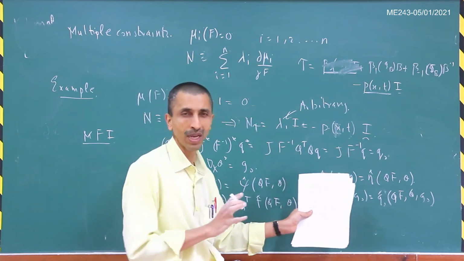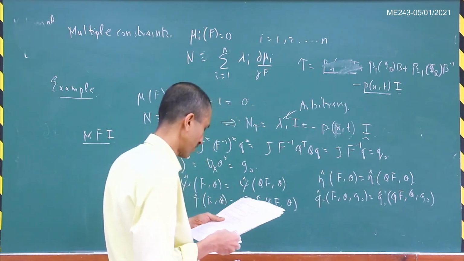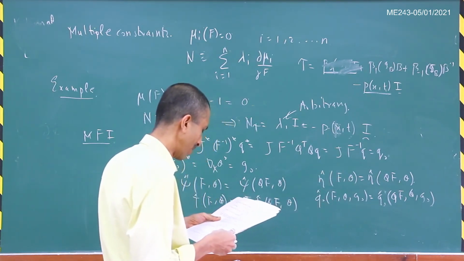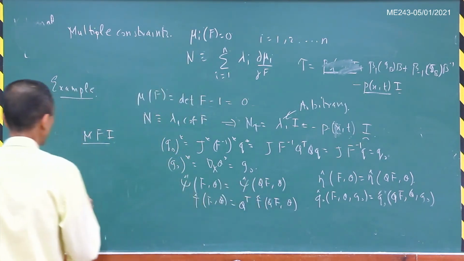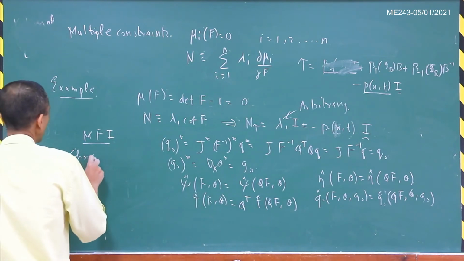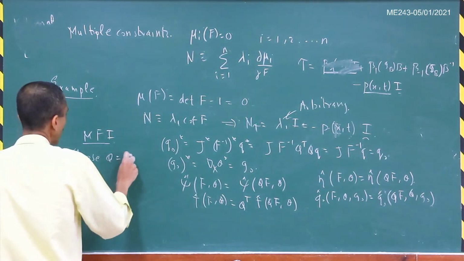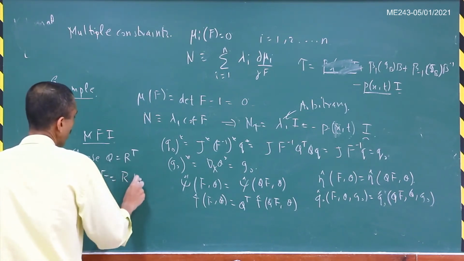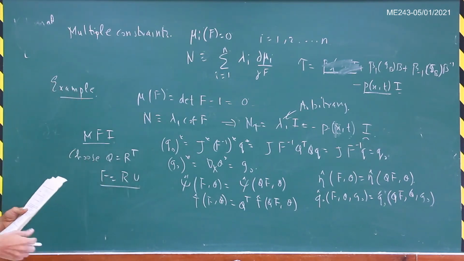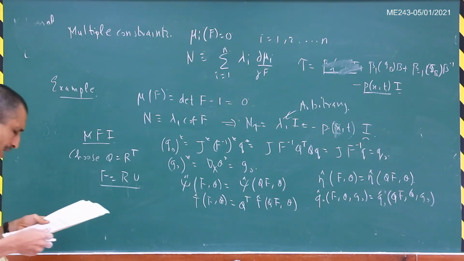So now we are simply applying the principle of material frame indifference to these particular things. So now if you choose Q to be equal to R transpose, this R is the R that occurs in the polar decomposition of the deformation gradient here.